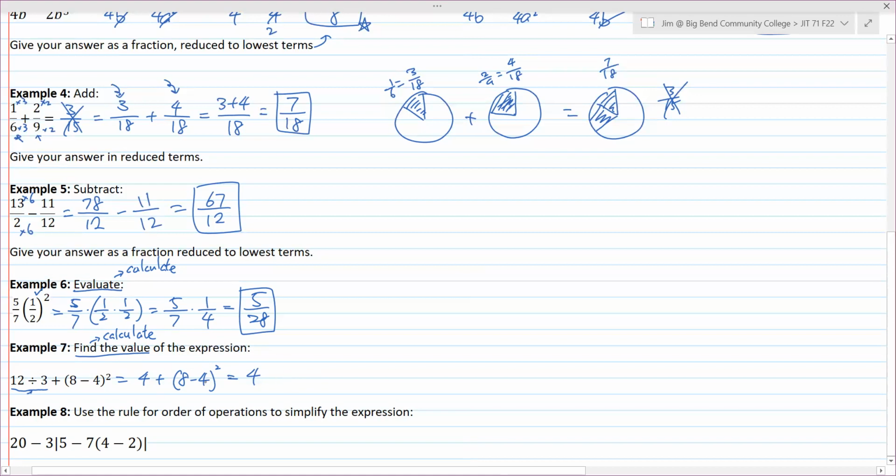We have 8 minus 4 squared. Whenever you have part of an expression in parentheses, we take care of that first. So you have 4 plus 4 squared, and 4 squared is basically 4 times 4. So you have 4 plus 4 times 4, which equals 4 plus 16, which is 20.